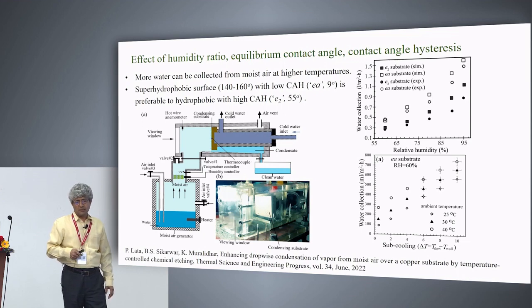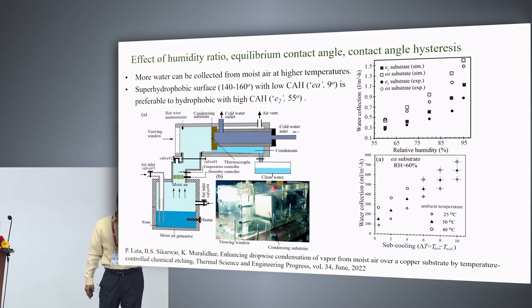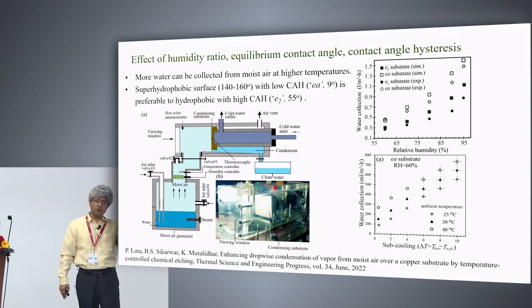It turns out that the productivity goes up if the surface is super hydrophobic, as hydrophobic as possible, and at the same time the hysteresis should be as small as possible. When these conditions are fulfilled, productivity is very high.